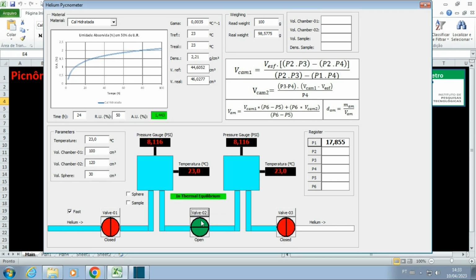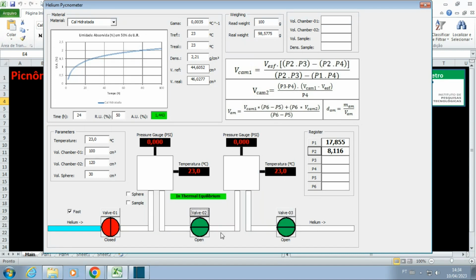The new pressure value obtained after stabilization is recorded as P2. Here, we already have the volume ratio between the chambers. If P2 is half of P1, it means that the chambers have the same volume.